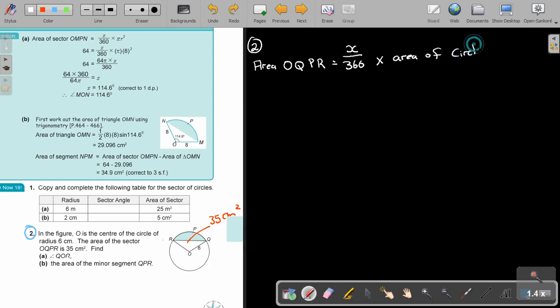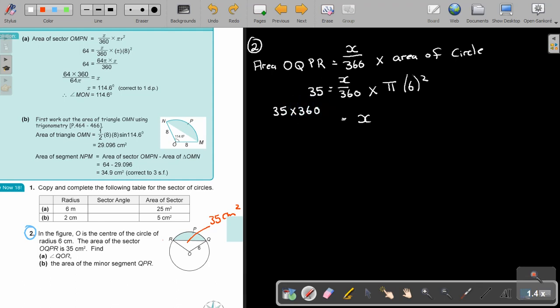So if I substitute that, I'm telling you that the area is going to be 35. I have the area, now I'm looking for the angle. And the area is pi, and the radius, in this case, is 6. So to find that x, I will multiply the 360 on this side.